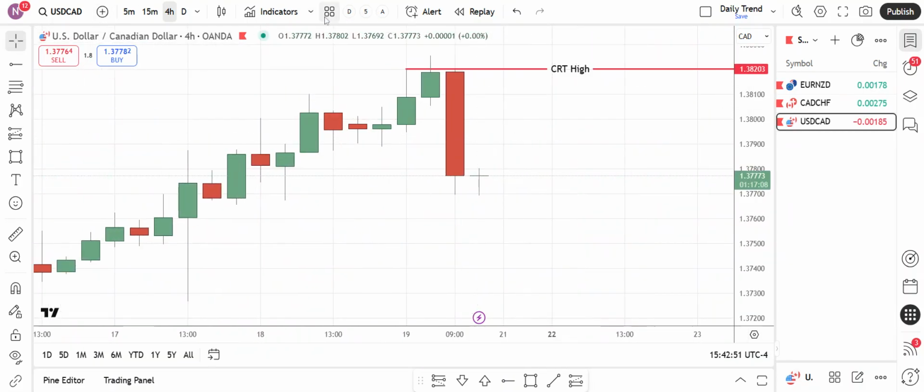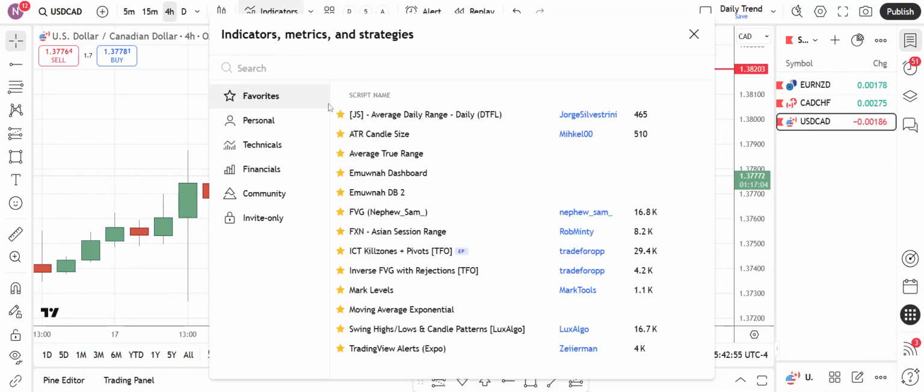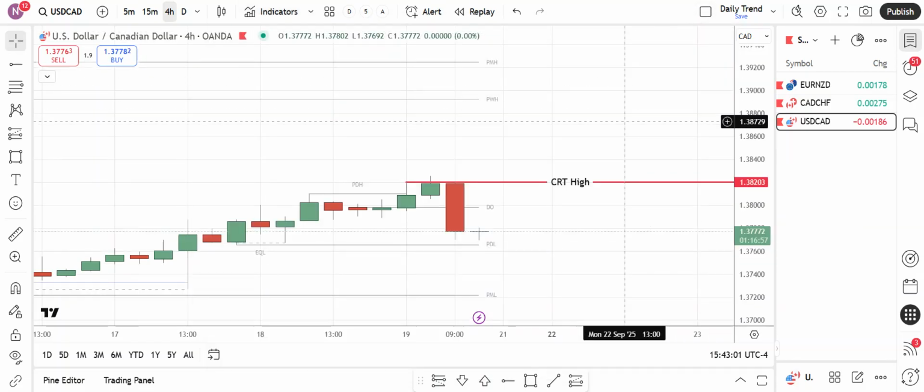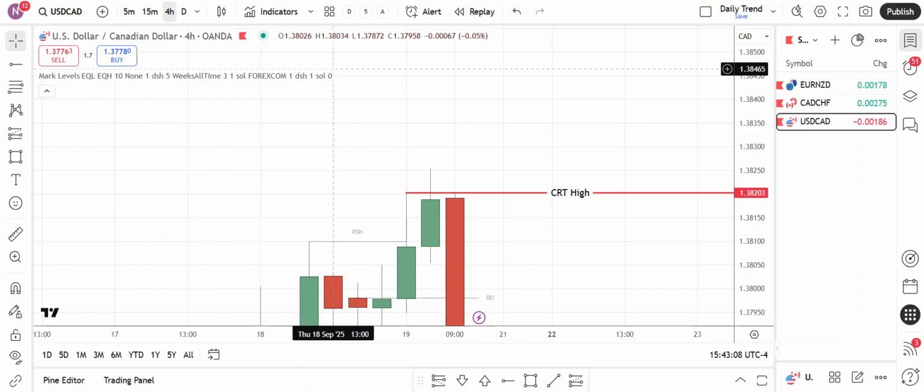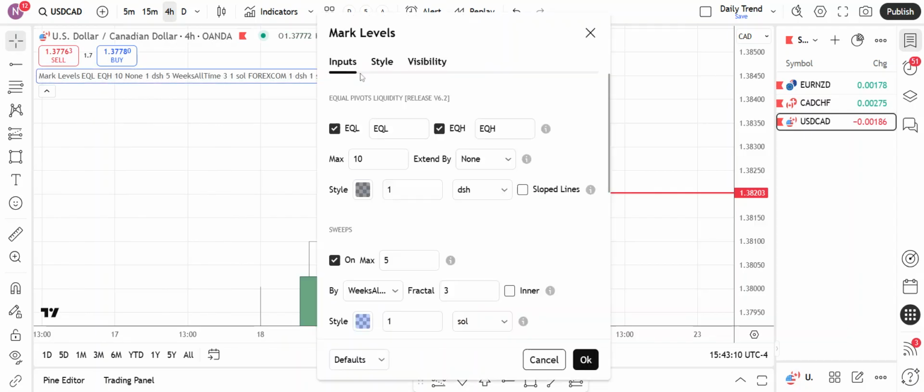Okay, so what you would do is go to indicators right there. I already have it saved to my favorites, but you could search mark levels by mark tools. And let's say I've seen all the options, and I only want to trade the current day high or low. So here's what you'll do. You go to mark levels.